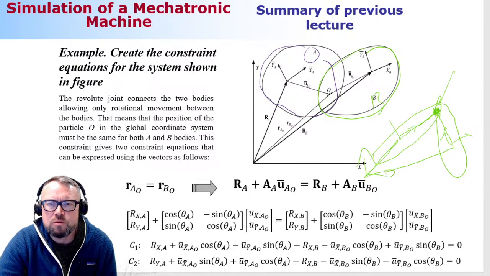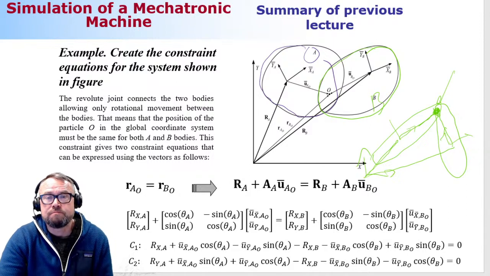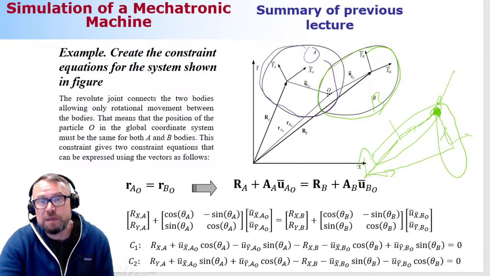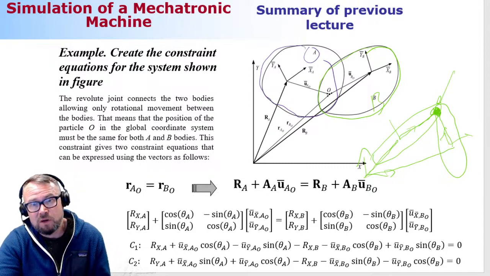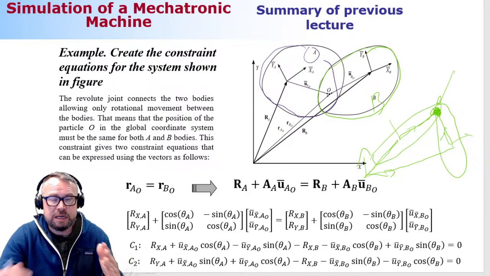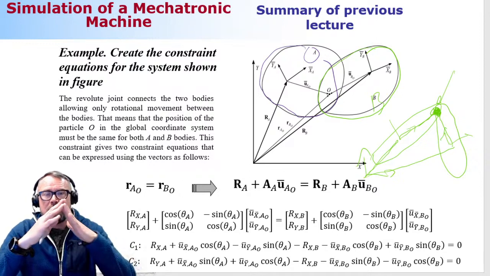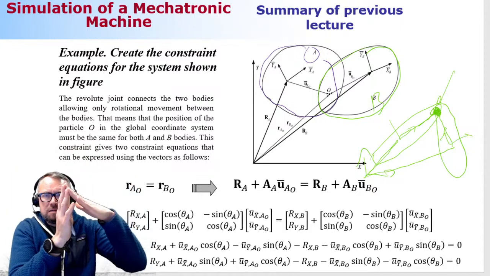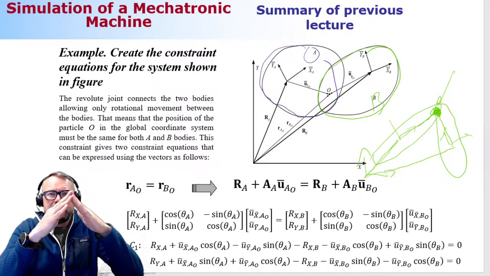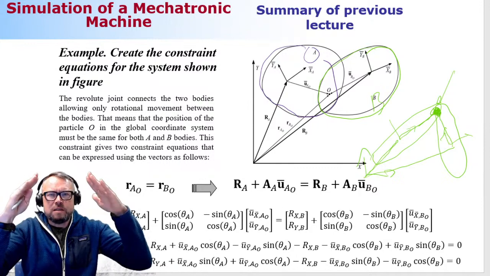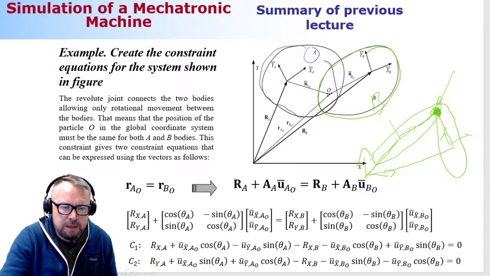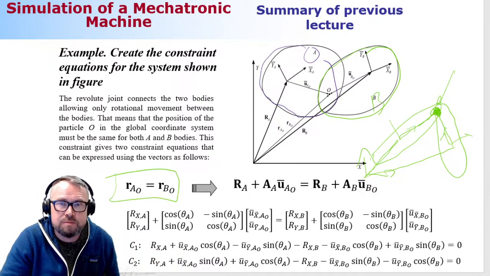Once we have these two definitions, we're simply saying that these two equations have to be equal, meaning that this point has to be shared by bodies A and B. That's your revolute joint. The bodies can do whatever they want. They can travel together like this. They can rotate together like this. But they cannot separate from the point where the joint is located. So this is fixed, and mathematically it can be expressed like shown here.